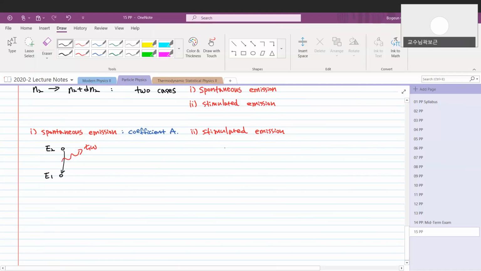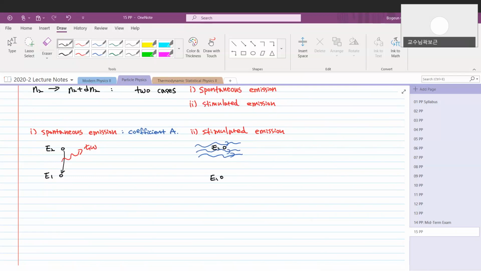There are still two energy states, and the atom is at the E2 state, the higher energy state, but there are so many photons in the black body. Some photons stimulate atoms at E2.